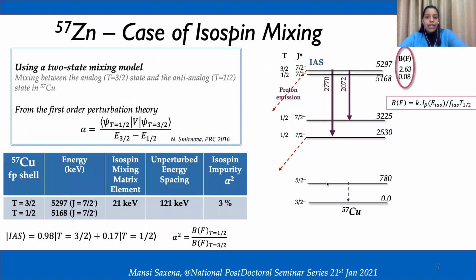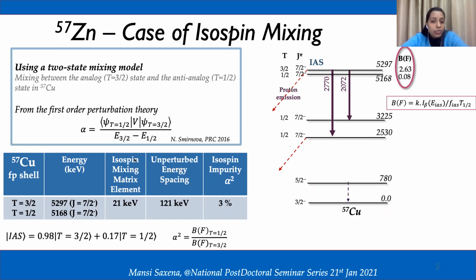So we used a very simple two-state model where an isospin non-conserving part is added to the nuclear Hamiltonian, which will cause this analog state with isospin equal to 3/2 at 5297 keV to mix with the closely lying anti-analog state at 5.16 MeV, having an isospin equal to 1/2.